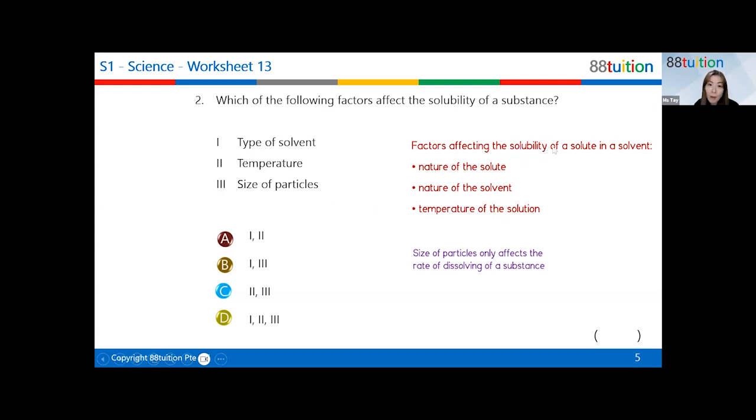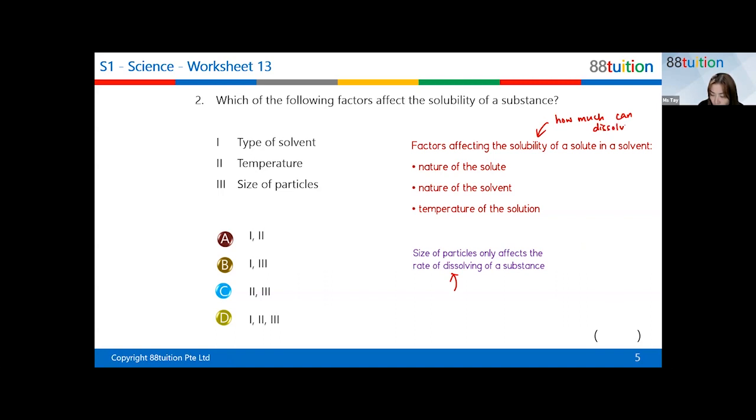Solubility means how much can be dissolved. So you can have even 0, you can have 10 gram, you can have 20 gram, it really depends. Size of particles only affects the rate of dissolving. So there's a difference between solubility and the rate of dissolving. Solubility is about how much can dissolve.